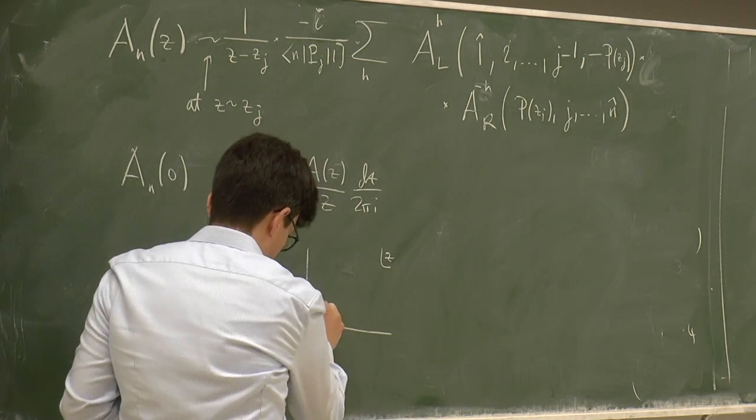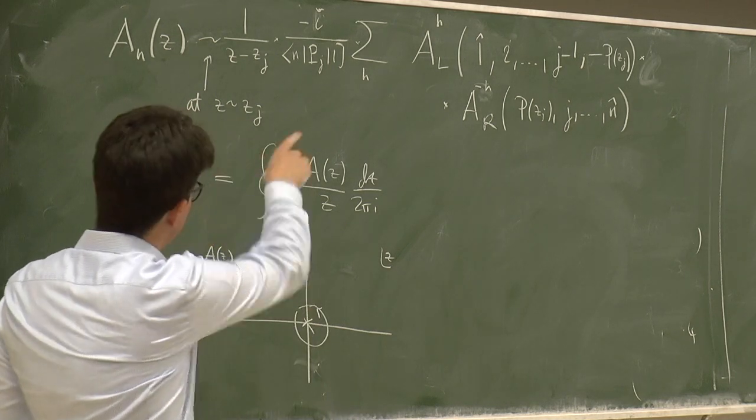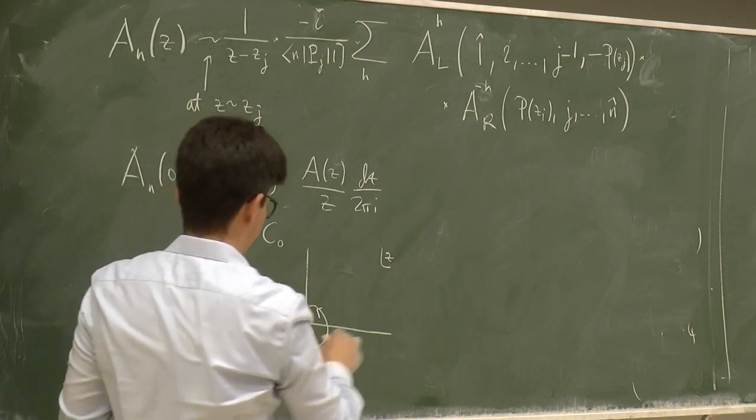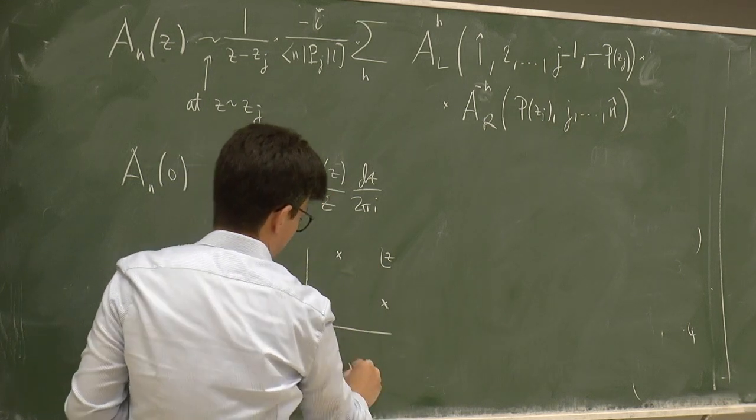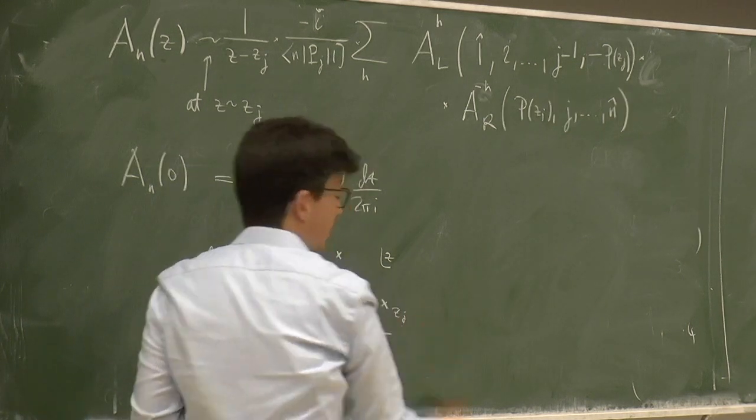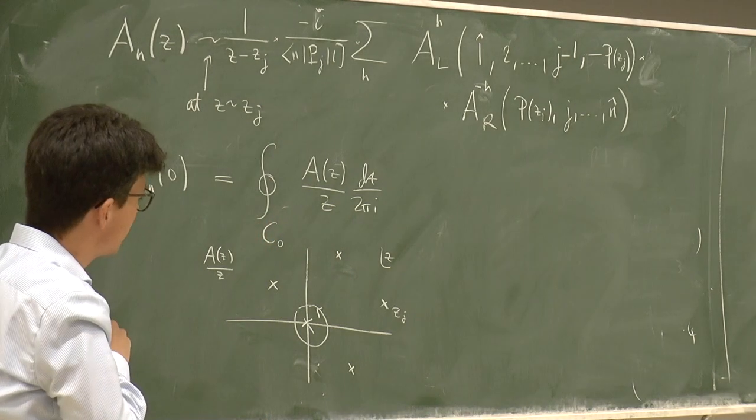Now, we just saw that there are various poles in the complex plane as a function of z, at various complex locations, in general zj.